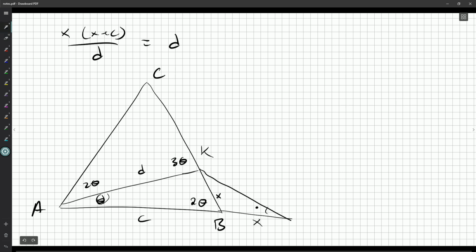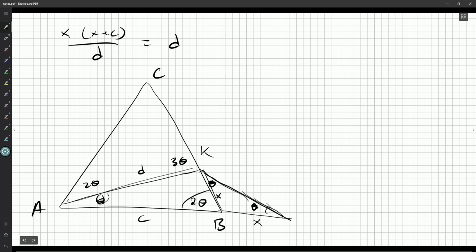So if I extend the x's and do that, I get these two angles are the same. Ah, but then they must add up to 2 theta. There we go. So then the dot must be theta. So this is theta, this is theta. We got our c plus x along the bottom. We've got an x here. We've got a d here.